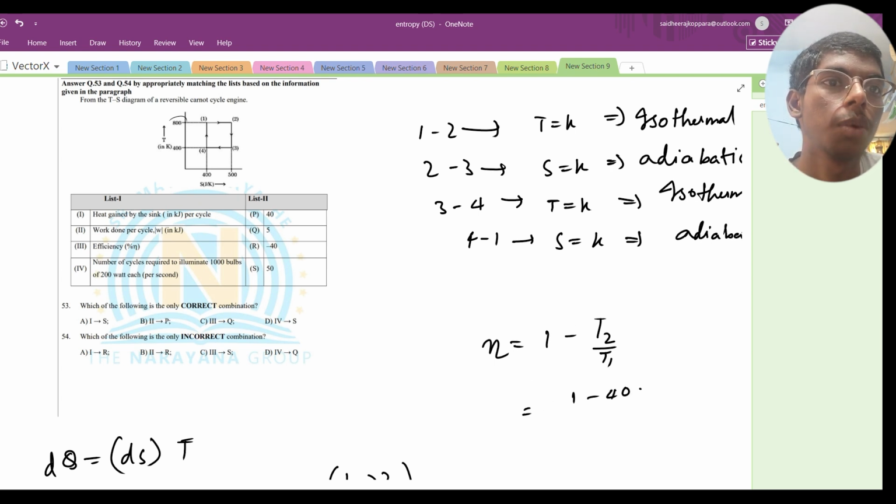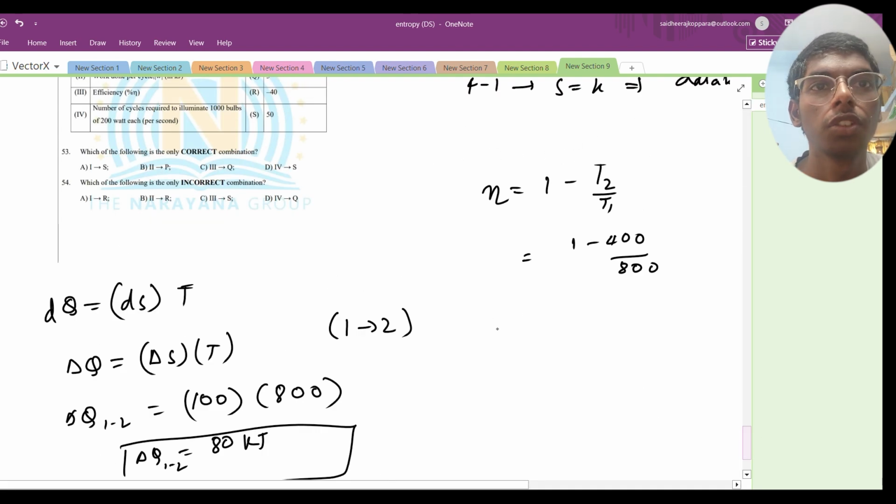1 minus 400 by 800. So efficiency is given by half.